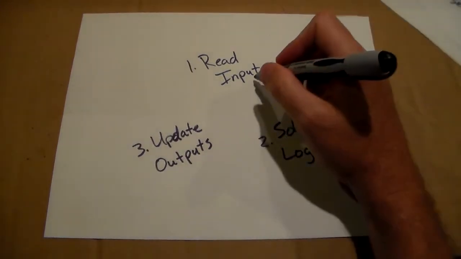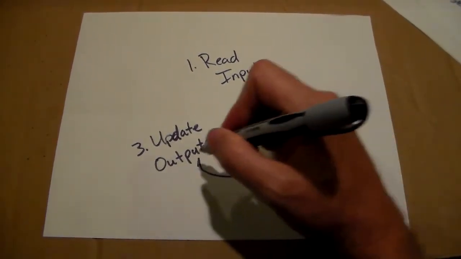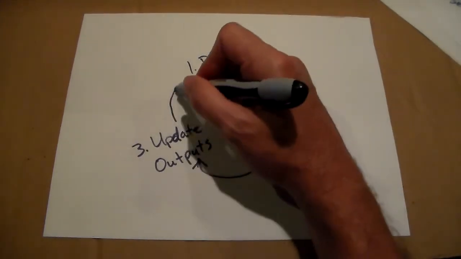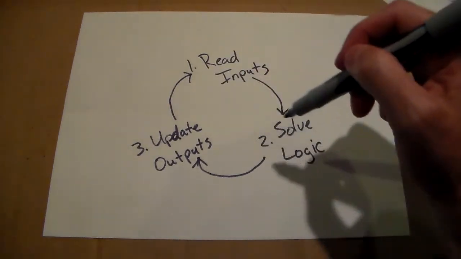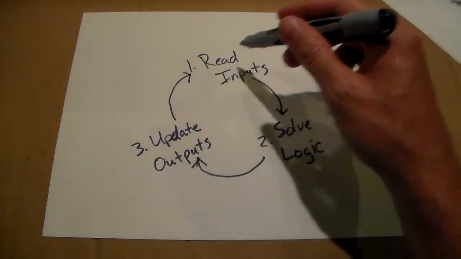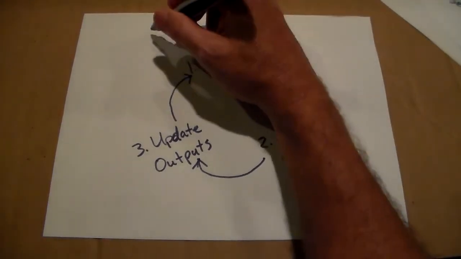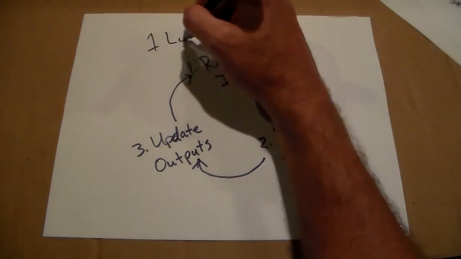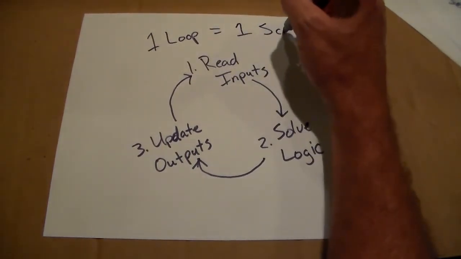Okay, and it does it in a loop. What I mean by loop is it just repeats itself. So it's going to go step 1, step 2, step 3, and when it gets back to step 1, it's going to do the whole thing over again. So one loop is known as one scan.